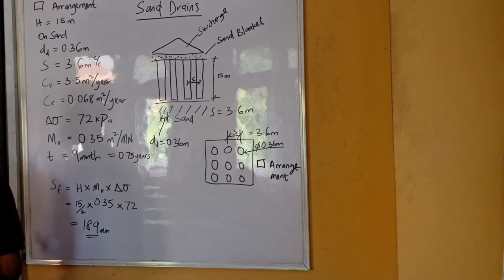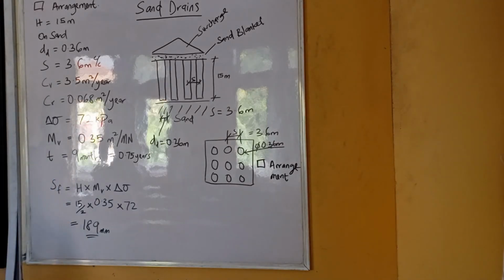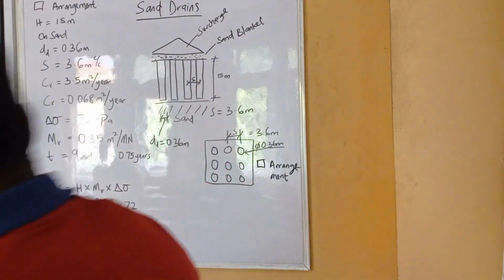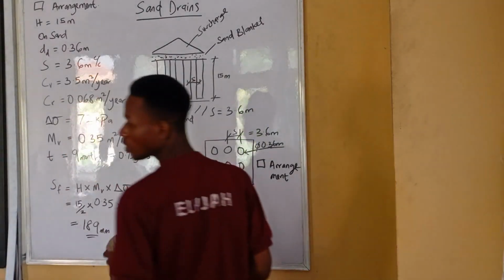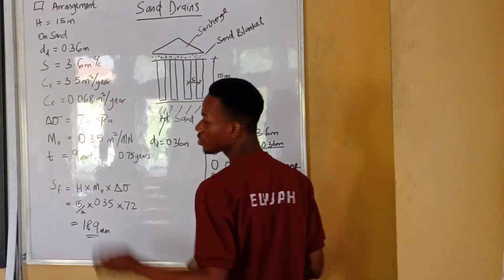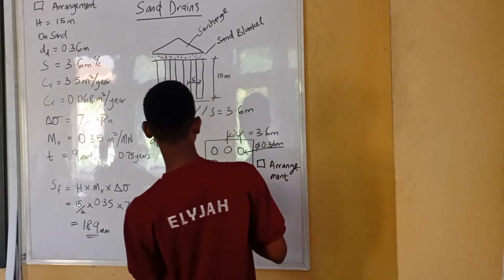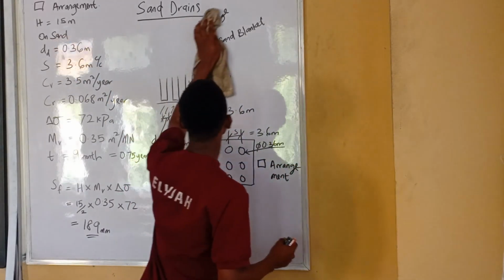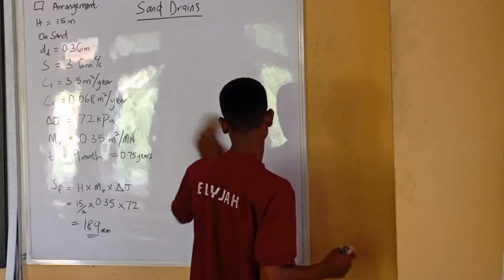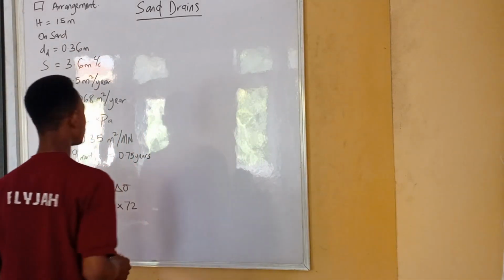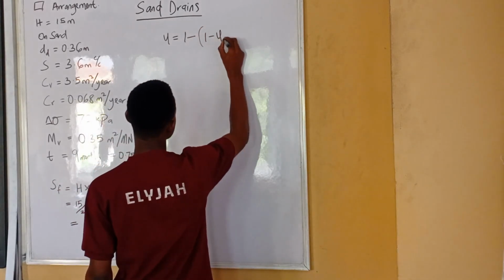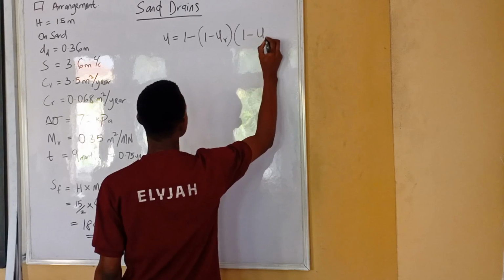We now need to calculate our U, because the formula is ST equals SF multiplied by U. So we've gotten our SF, and it remains U. Our U is defined as 1 minus the product of (1 minus UV) and (1 minus UR).